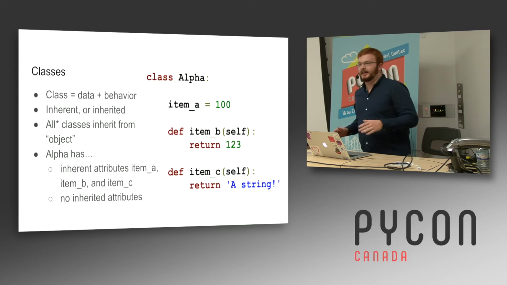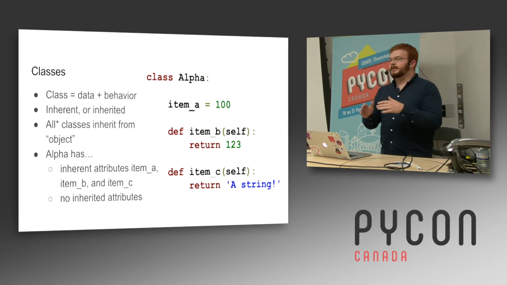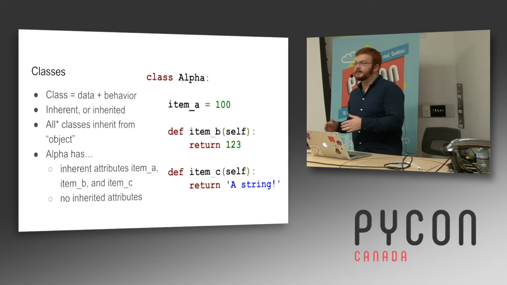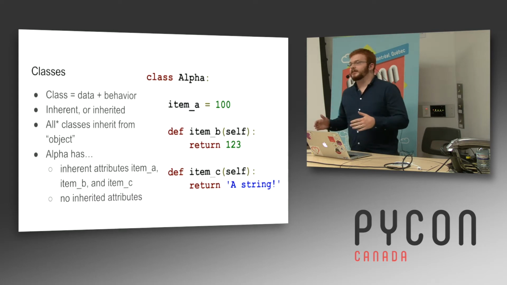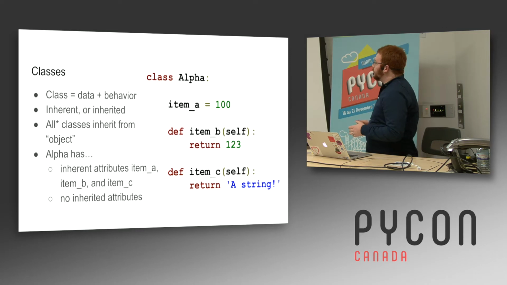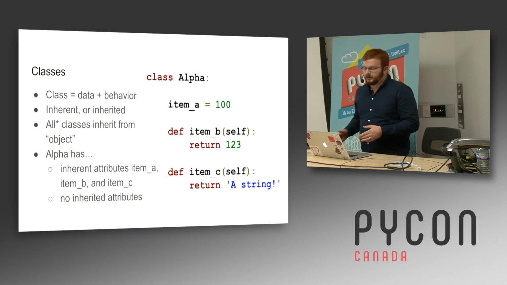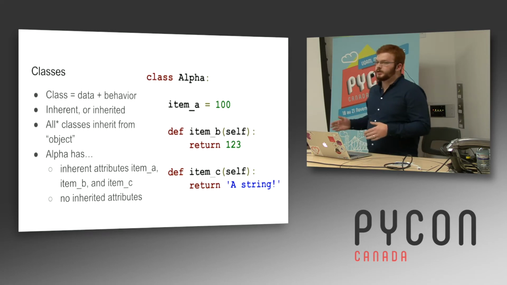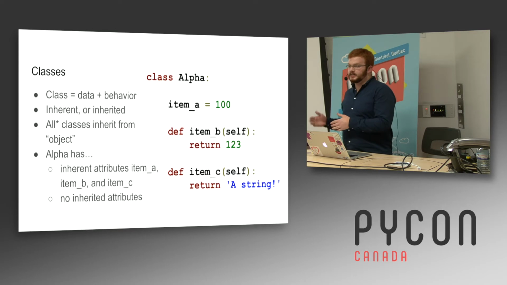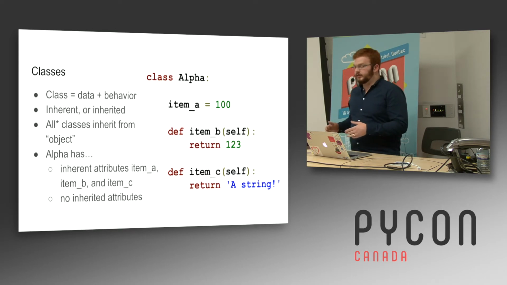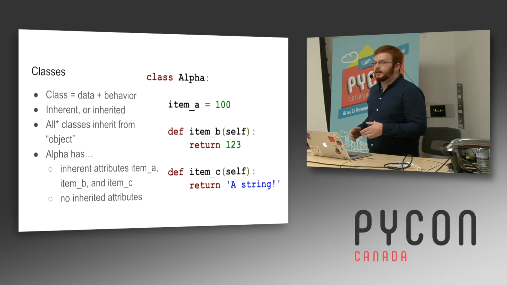So to dive in, we're going to be going through a basic overview of Python inheritance, just to make sure that we're all on the same page as we dive into some more advanced concepts. In Python, a class is made up of pieces of data combined with pieces of behavior. Both of those are defined in one of two ways, either explicitly on the class itself, or inherited from a superclass that a class is derived from.